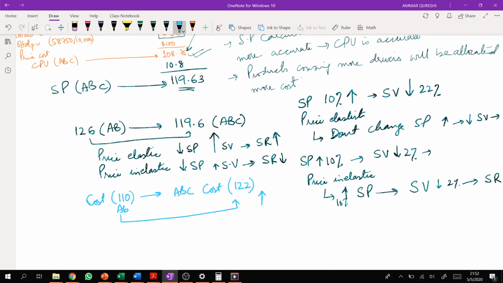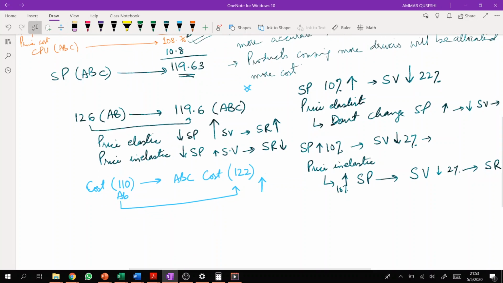So ultimately the selling price is going to, oops, I forgot one point here. I will tell you later. I just recalled. If you want to increase your selling price, you have to check whether this increase is acceptable to the customers or not.